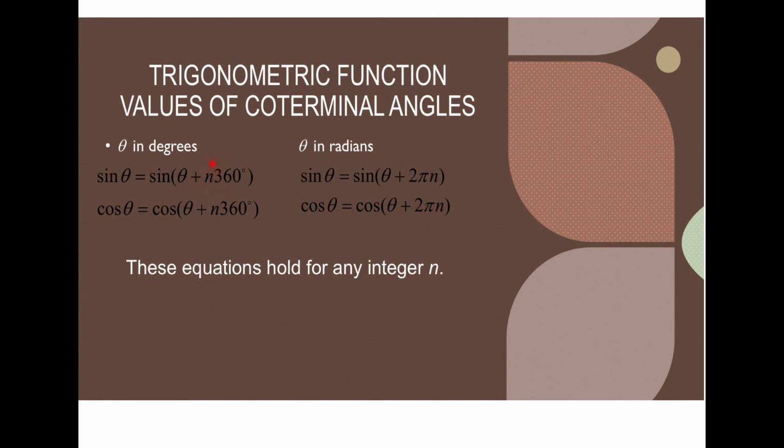It just represents the number of times we've rotated, and this could go in a positive or negative direction. And in radians, 2 pi n would be another whole rotation in addition to the theta that we've already taken.